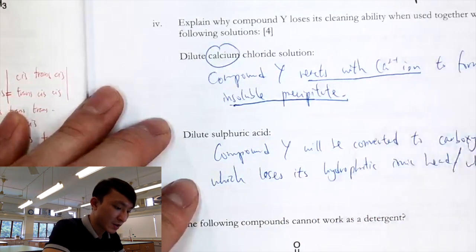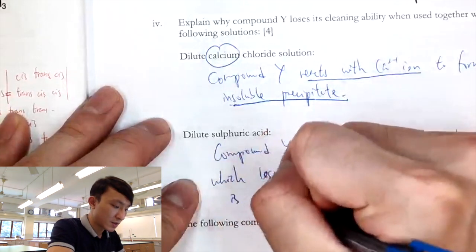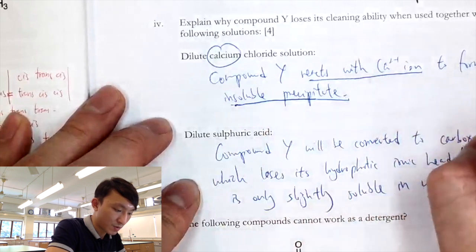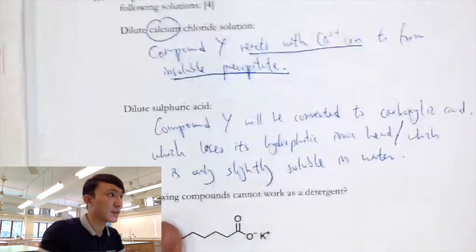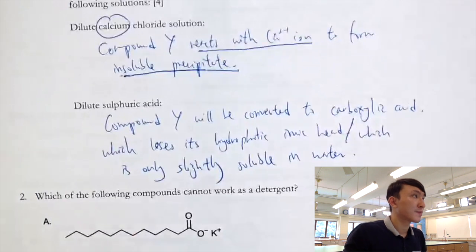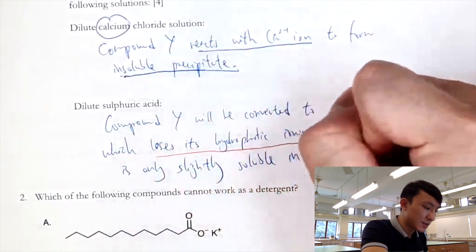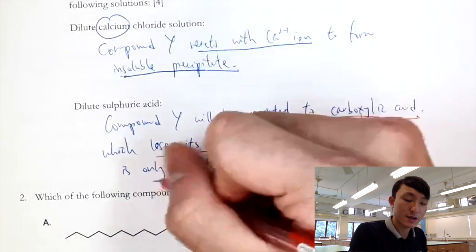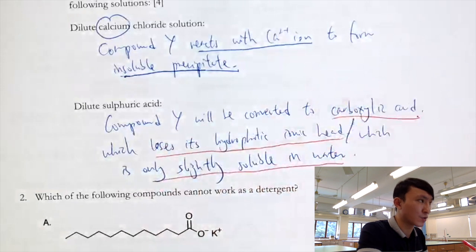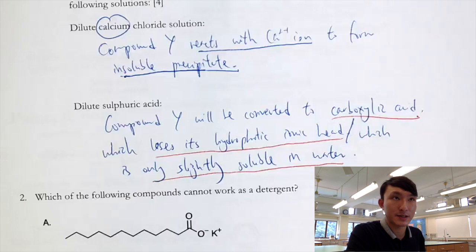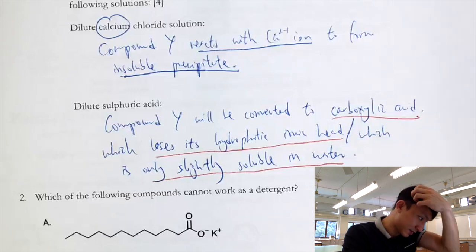Okay, or you can say which is only slightly soluble in water. So the key is it will convert back to carboxylic acid, so loses the hydrophilic ionic head, or it is only slightly soluble in water. So that's why it can no longer exert its cleaning ability. Okay?